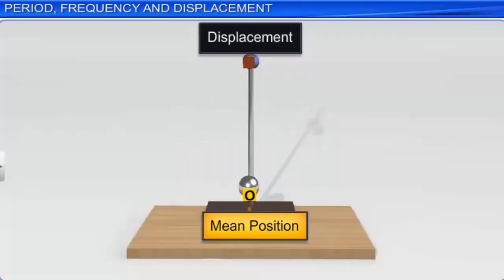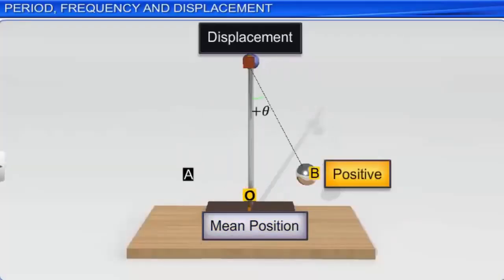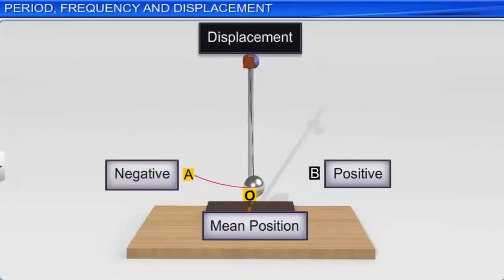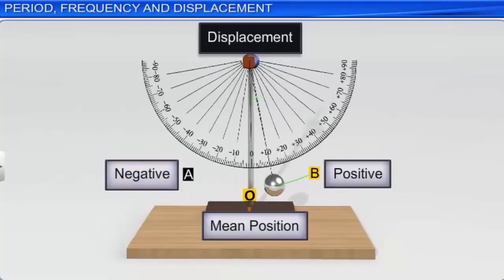The displacement can be positive or negative after fixing the reference position. For example, if the same pendulum were to oscillate towards the left of the mean position O, its displacement can be taken as negative, considering the right side of the reference position as positive.